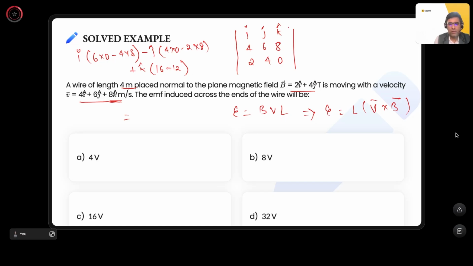So this will come out to be minus 32 i cap plus 16 j cap plus 4 k cap. So this is my V cross B.